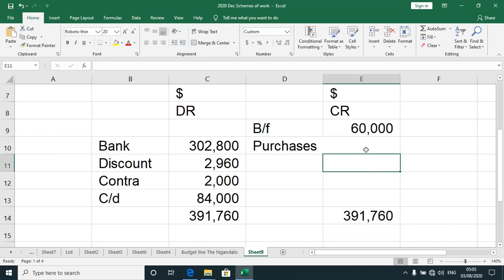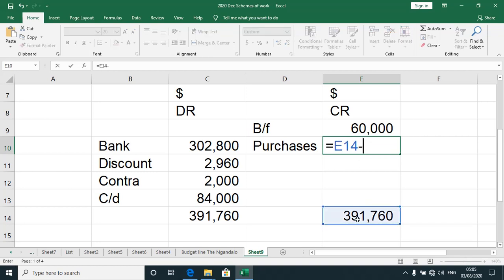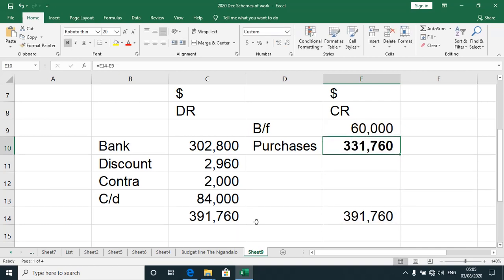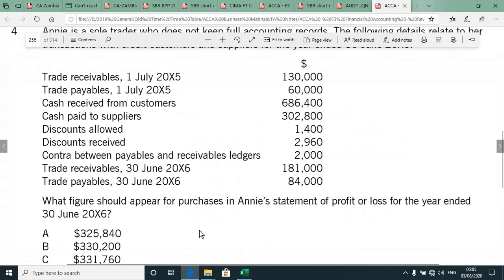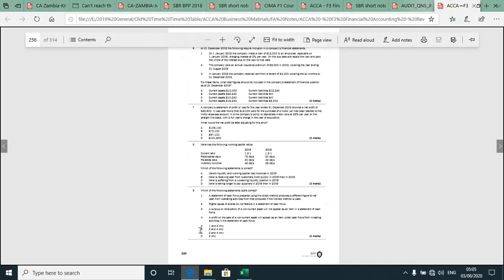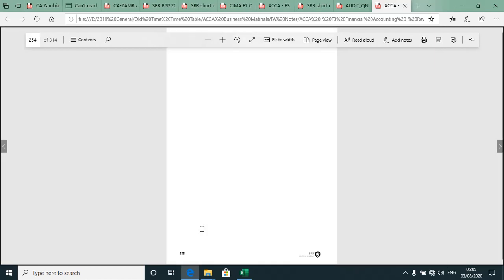Okay, so what's the difference between this figure and that figure? I'm getting that figure there, and I hope you're getting the same as well.